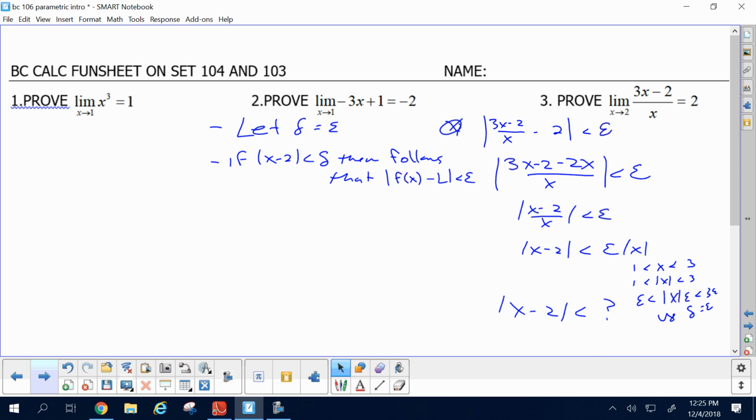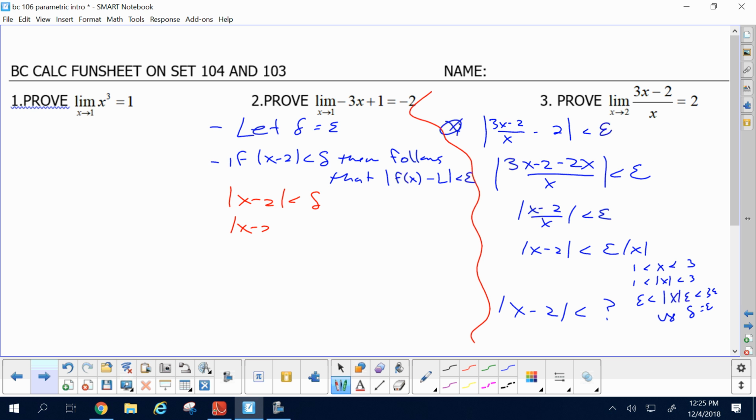You then start with |x minus 2| is less than delta, use your delta of epsilon. Then assume x is between 1 and 3.